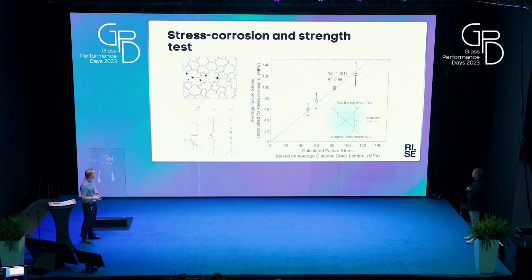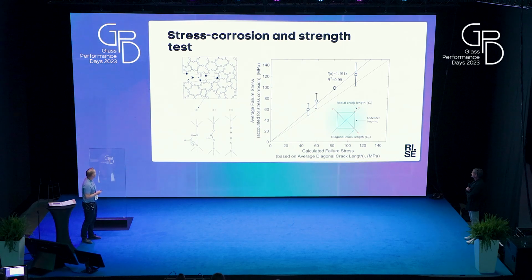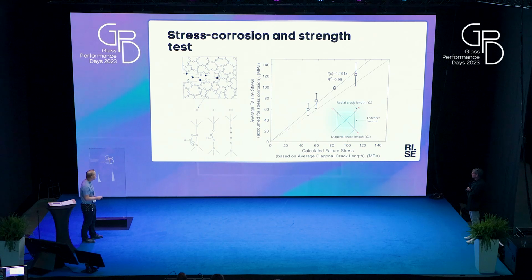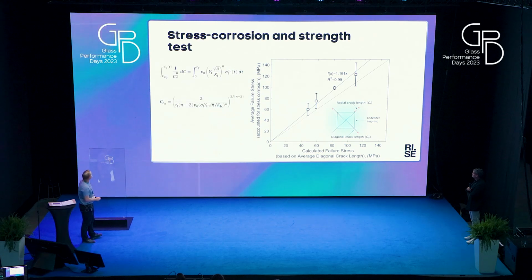And then we can actually calculate failure stress based on the indentation diagonal crack length, and then we got some correlation to the average failure stress from the test, where we account for this stress corrosion. And it's in fact quite good correlation. It's not perfect, but it's quite good. This is basically the calculations that we did for this.